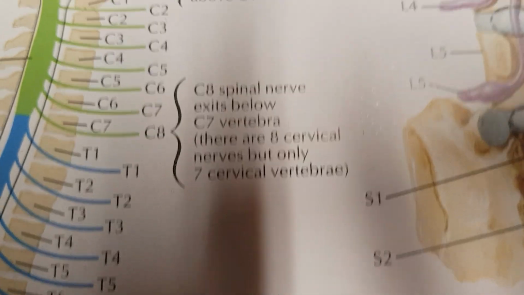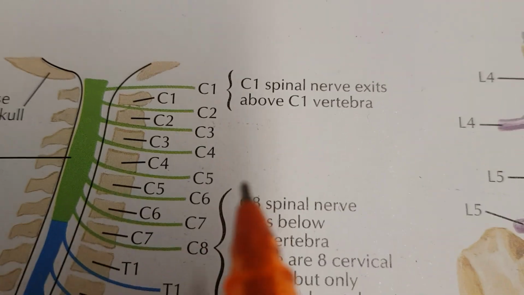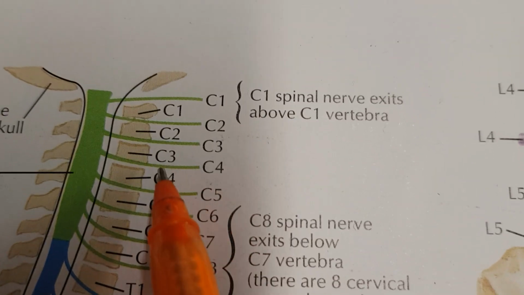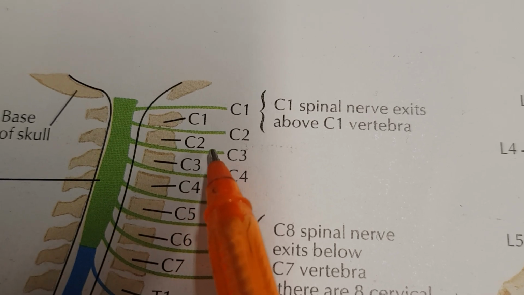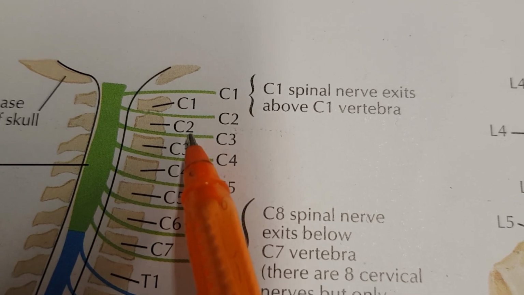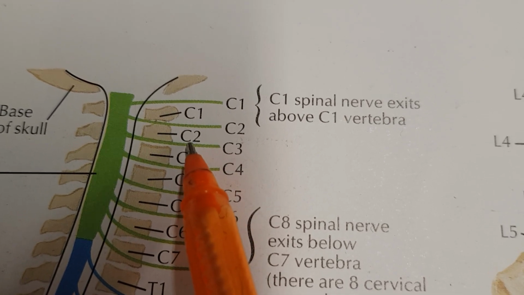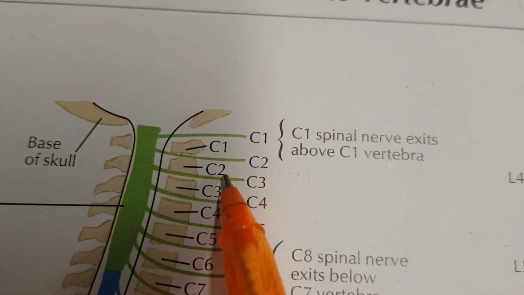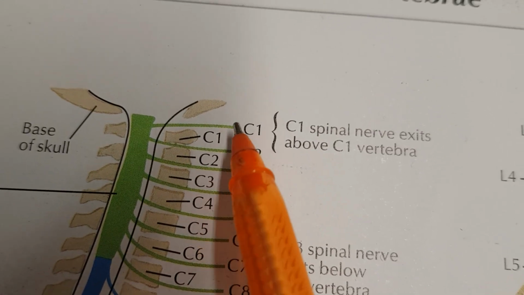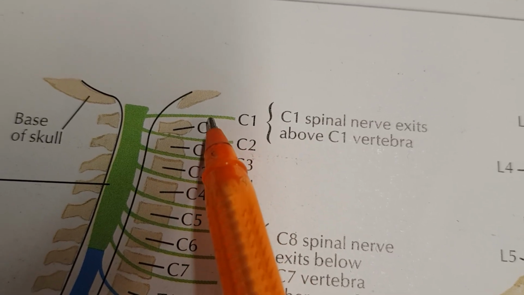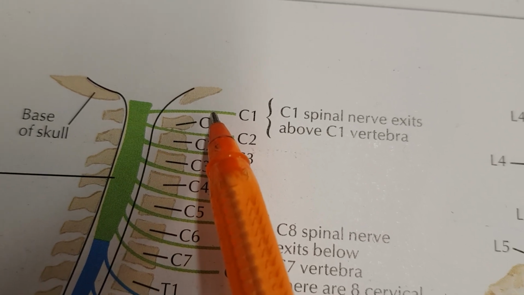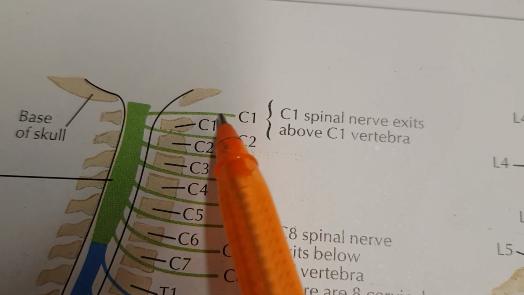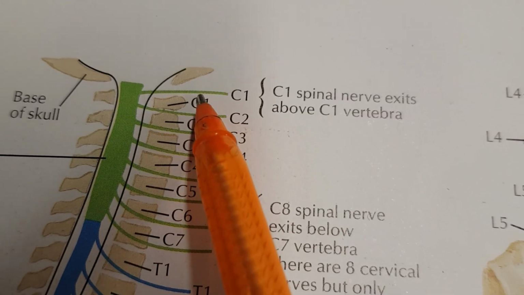If there is weakness, you will understand that the C3 nerve root is affected. If there is weakness in upper cervical extension, you will think about the C2 nerve root being affected. If there is weakness in upper cervical flexion, you think about the C1 nerve root being affected.